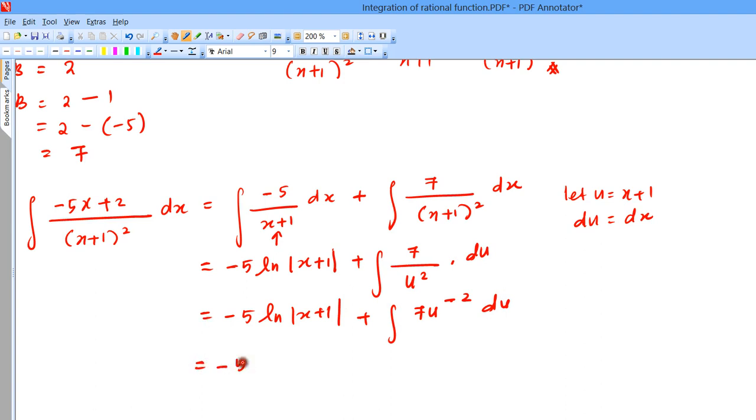Negative 5 ln x plus 1, and then integrate this term, plus 7 times the integral of u power negative 2, equal to u power of negative 1 over negative 1, plus c.